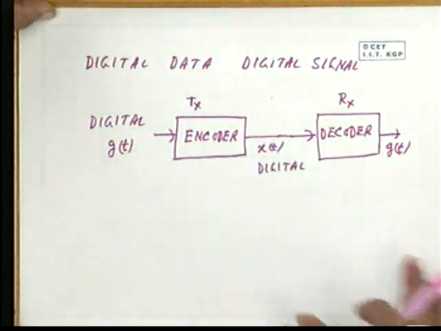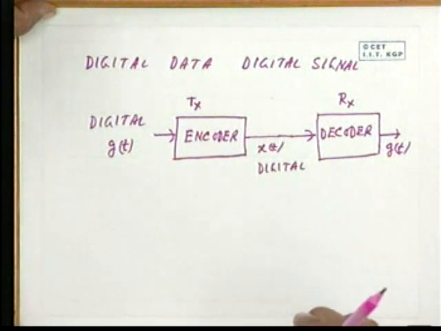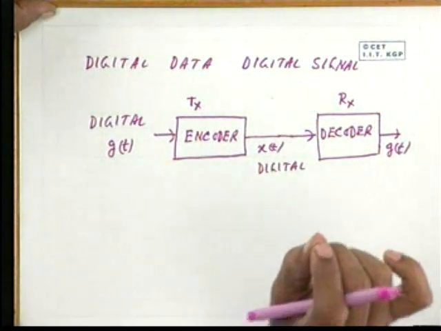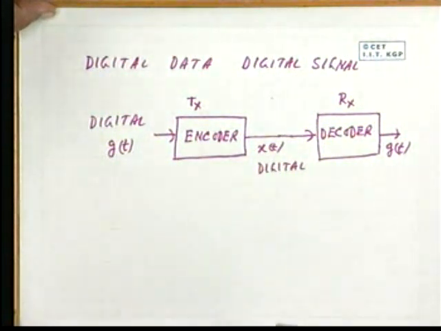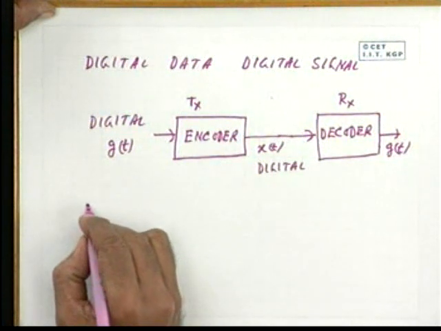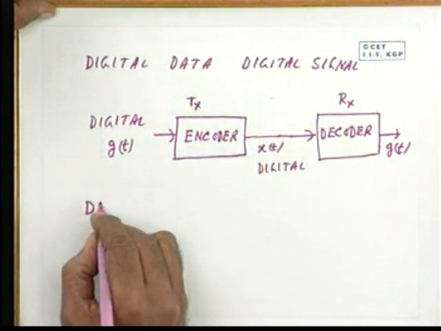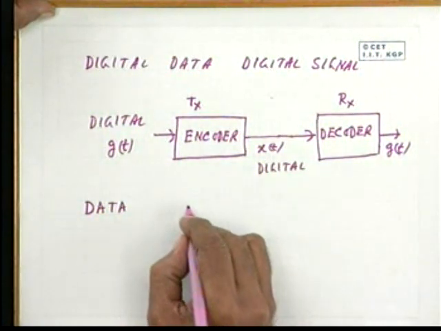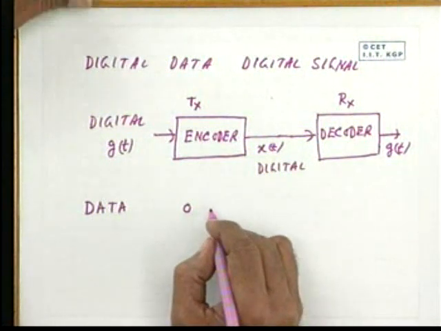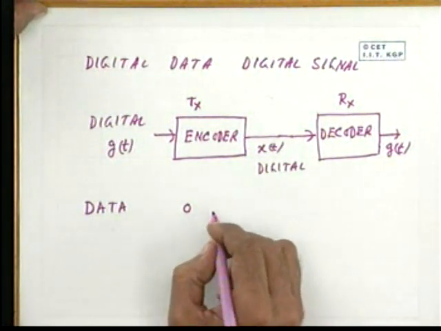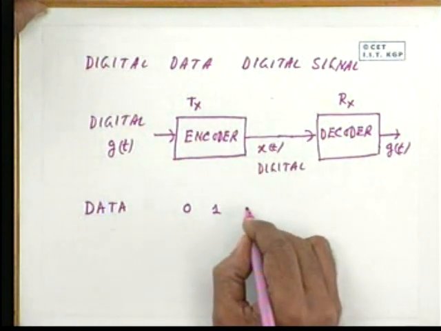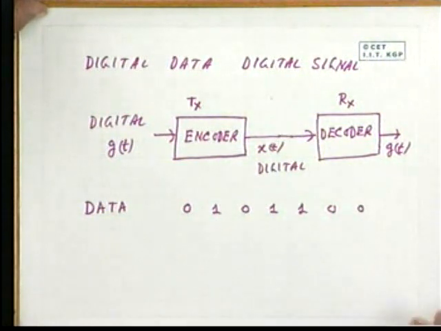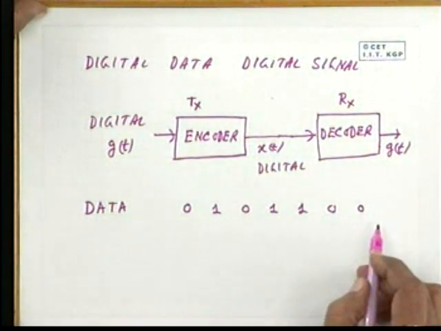Now, in this context, let us define some parameters that is used for signal. Say in the simplest case, your data can be represented by sequence of zeros and ones, say 0 0, say 0 1, 0 1, 1 0 0. This is your data.